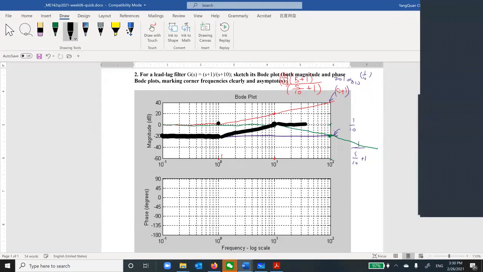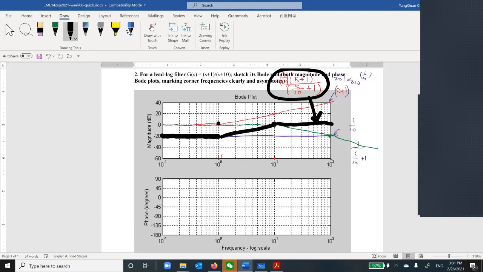So I'll keep this. So the black line is my magnitude Bode plot for the original Bode plot. Do you get it? So I'm walking you very slowly. I expect you will be able to do this and follow this, okay?